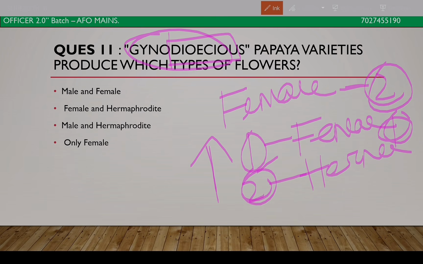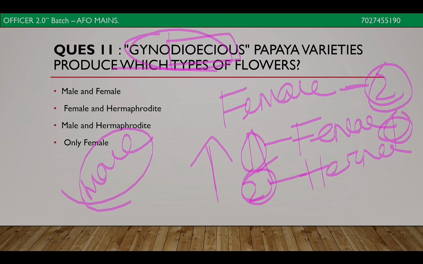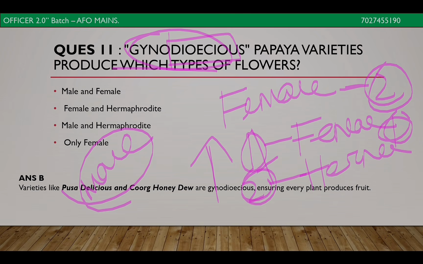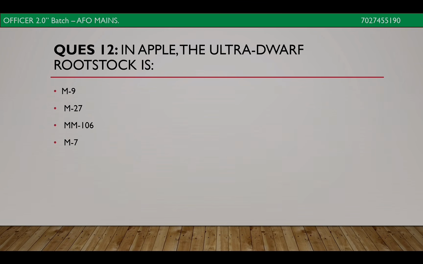And there is a benefit of using gynodioecious papaya varieties commercially, because there is no need of male. So several gynodioecious varieties have been developed, like we can see what? Pusa Delicious, Pusa Majesty. These are plants which can be planted solely in a field and they produce fruits.